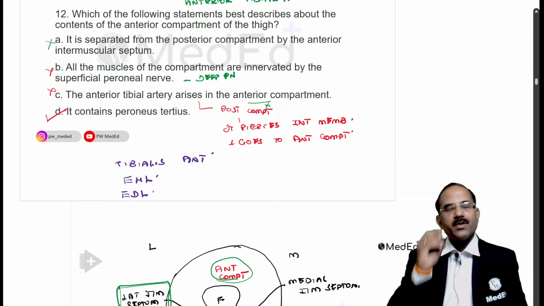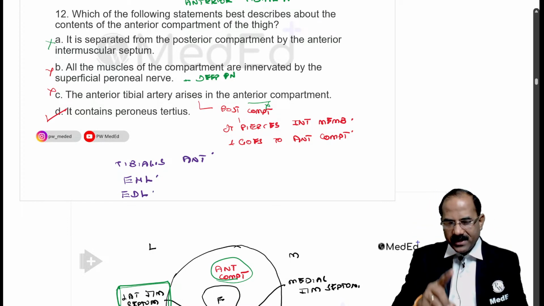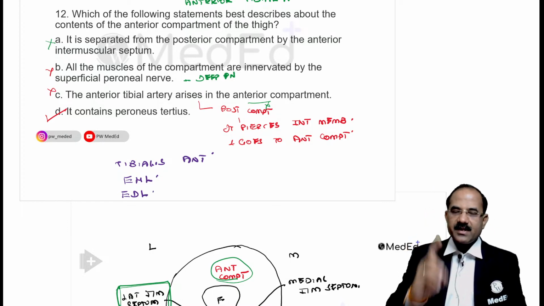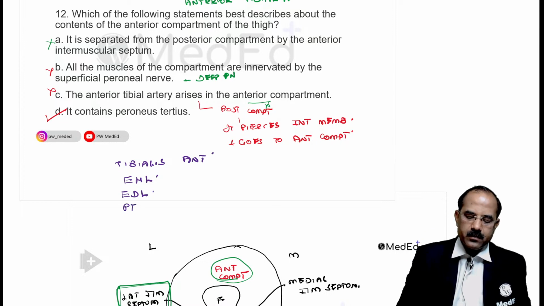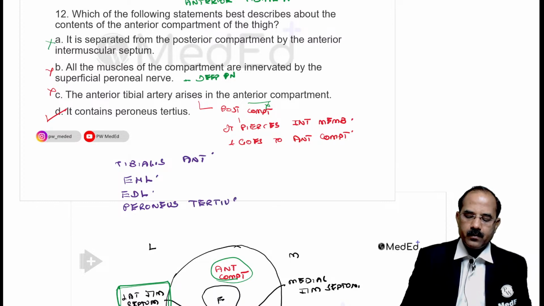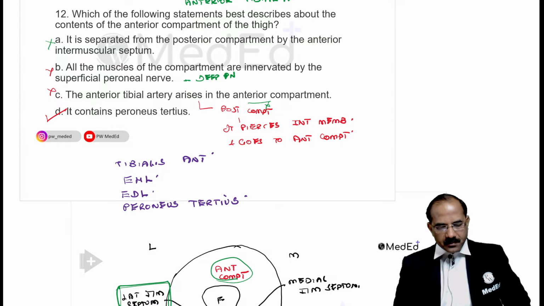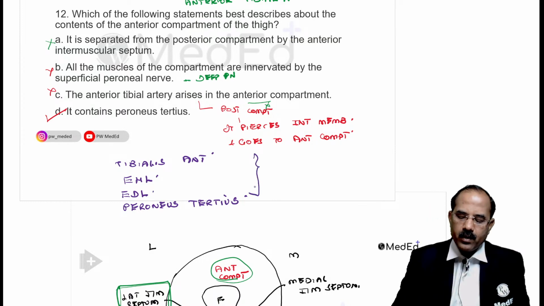Extensor digitorum longus. Tibialis anterior, extensor hallucis longus, extensor digitorum longus, peroneus tertius.